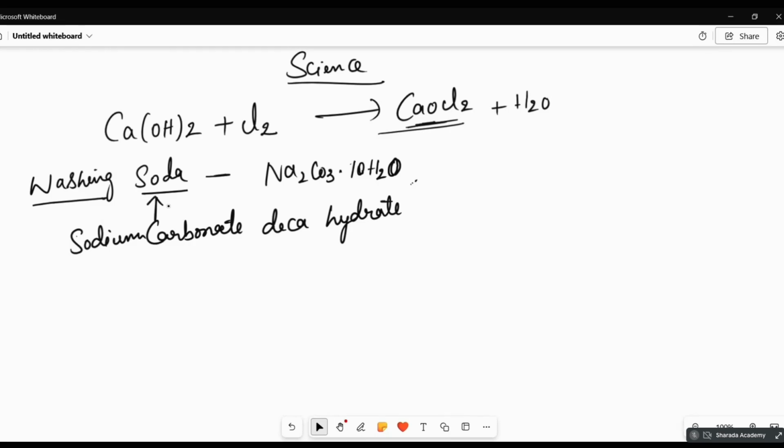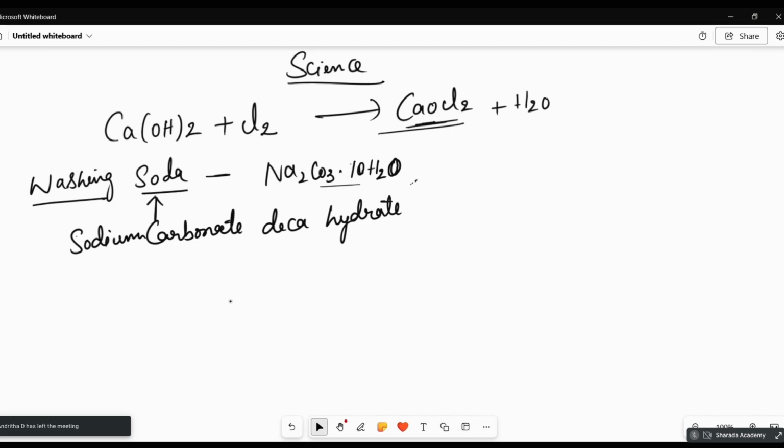See, it is not plus H2O, it is 10H2O. We write like this. That means every sodium carbonate has combined with 10H2O molecules. If you take one drop of this washing soda, every molecule of sodium carbonate contains 10H2O molecules attached to it.